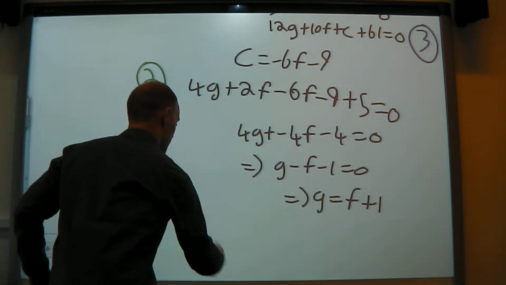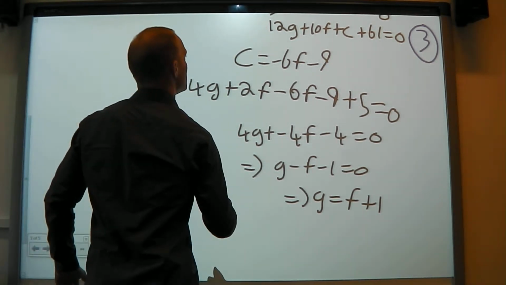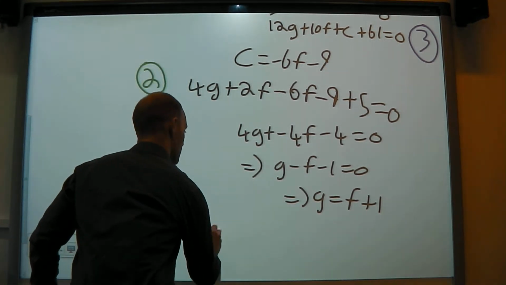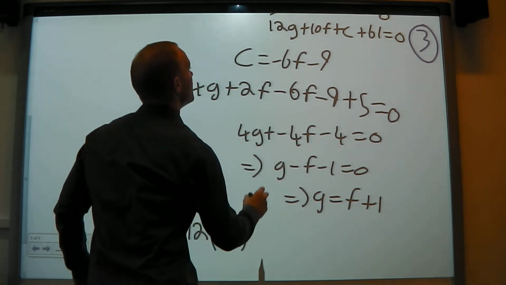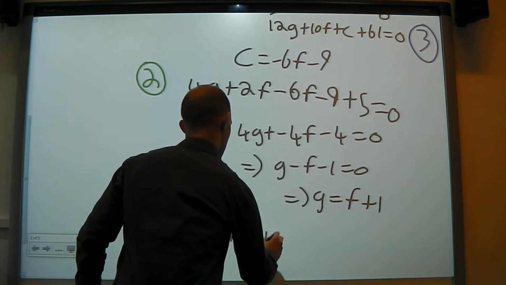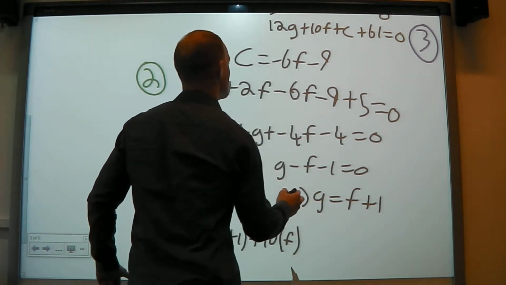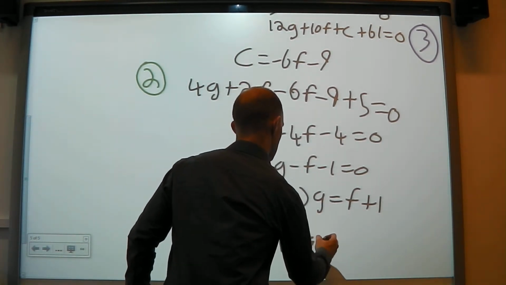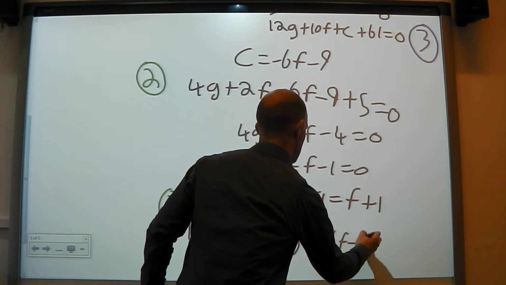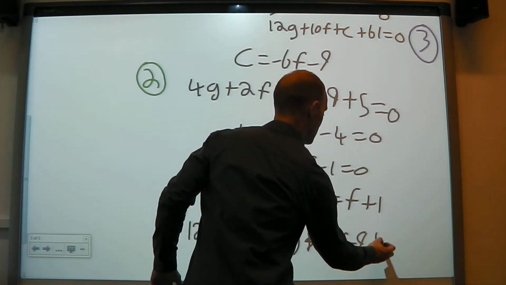Nearly there. So if g is equal to f plus 1, we will fill that in equation number 3. So 12 times g, which is f plus 1, plus 10 times f, plus c, which is negative 6f, negative 9, and that's plus 61 is equal to 0.